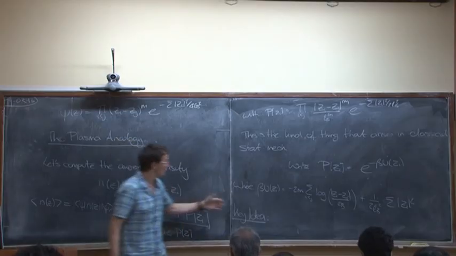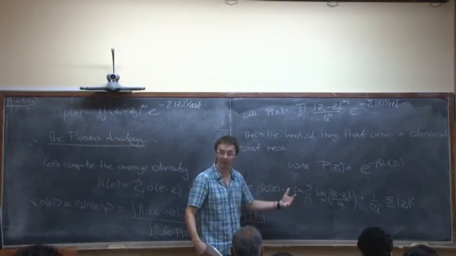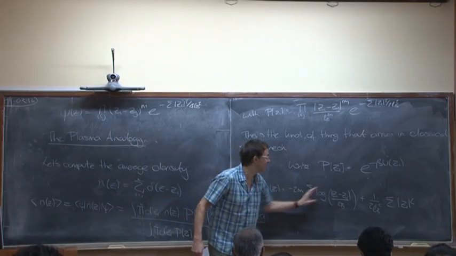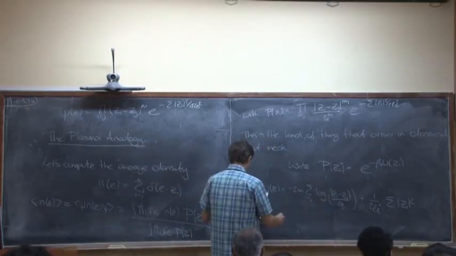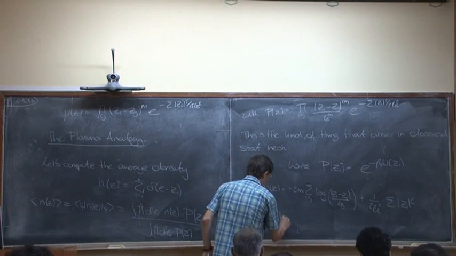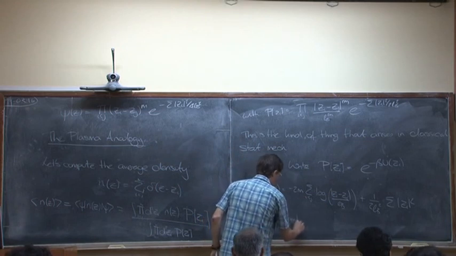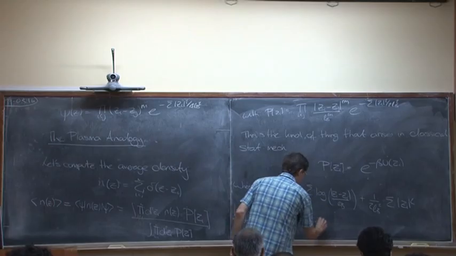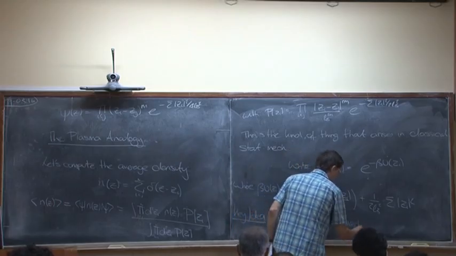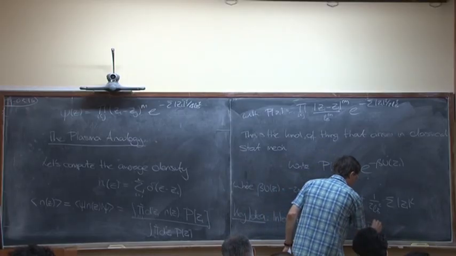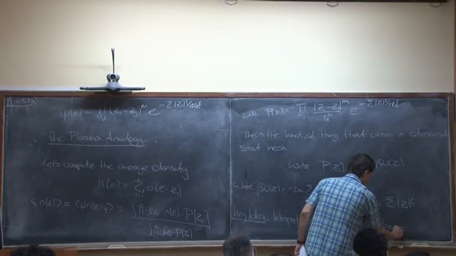So the key idea is to try and find some system that we're familiar with that has this as its energy. So we'll try and interpret this as a statistical mechanics problem, and then use our intuition about that problem to think about what the answer is likely to be.